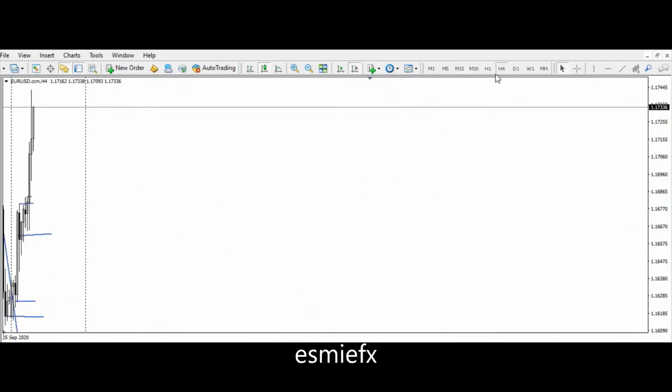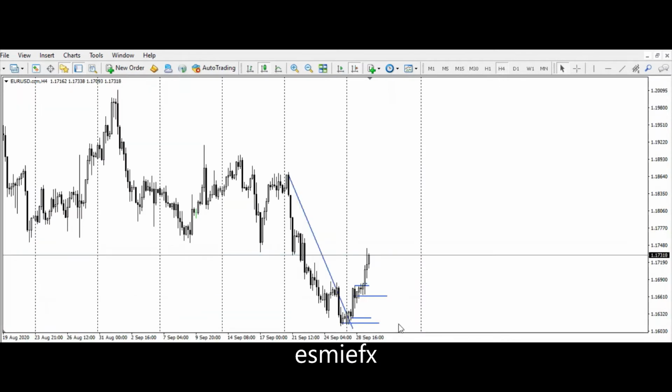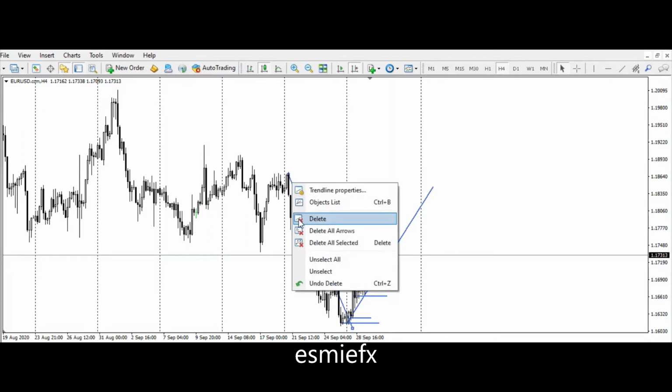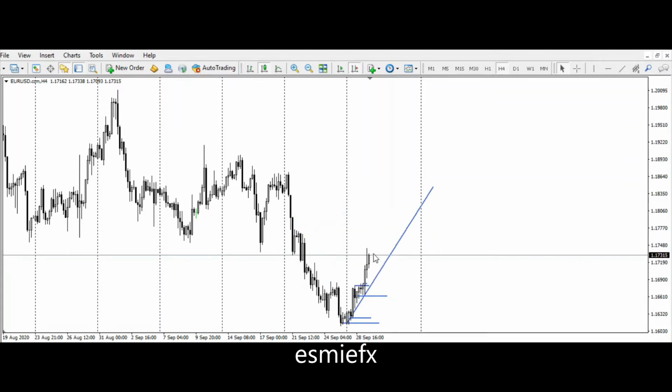So now on 4 hour, this trend line, now I have to draw this way. I'm going to delete this trend line. So until price breaks this trend line down and then gives a bit of pullback like a retest, then I'll be a seller.